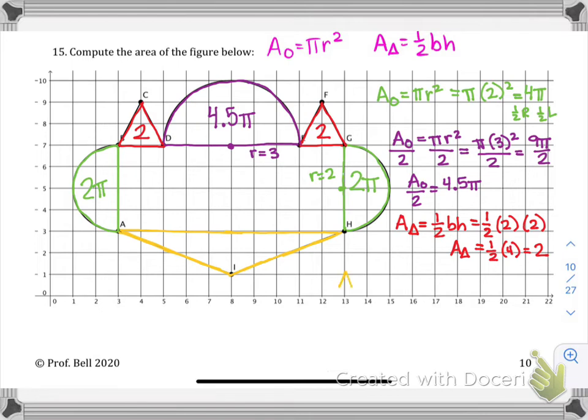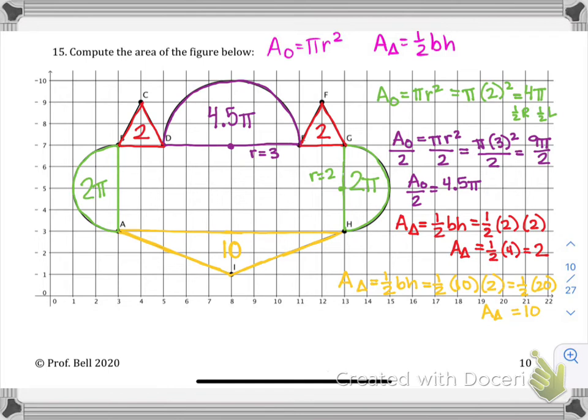The area of this triangle is 1/2 base times height. The base would be 1, 2, 3, 4, 5, 6, 7, 8, 9, 10 units with a height of 2. So that's 1/2 of 20, which is equal to 10 units. So the area of the big yellow triangle is 10 units.